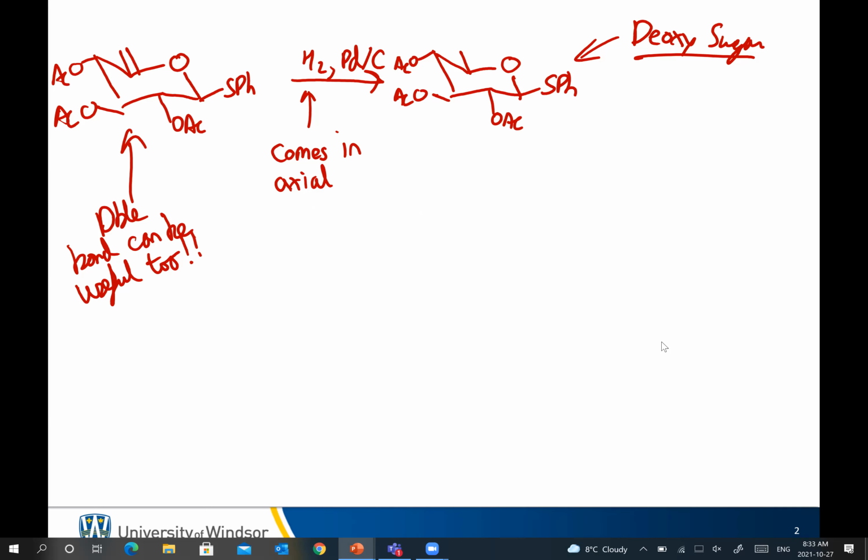Now we can also get those same kinds of double bonds a few other ways. So if we think about the example where we use glycals, let's say we used galactose.